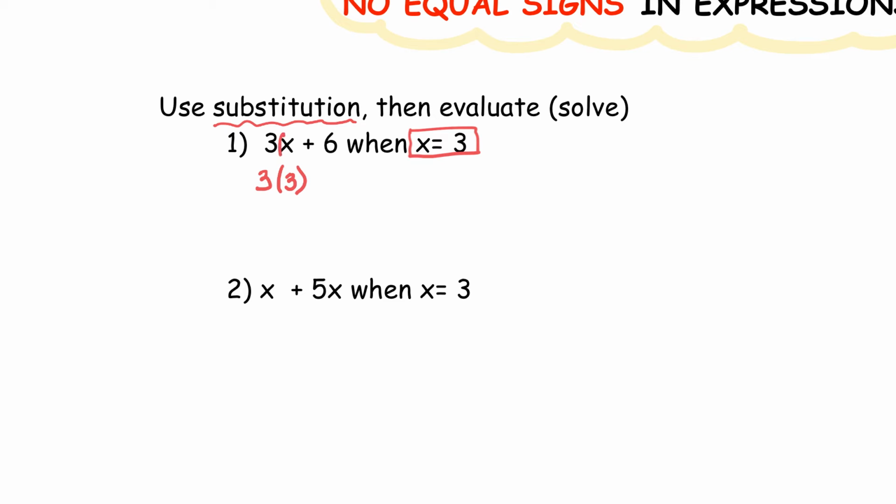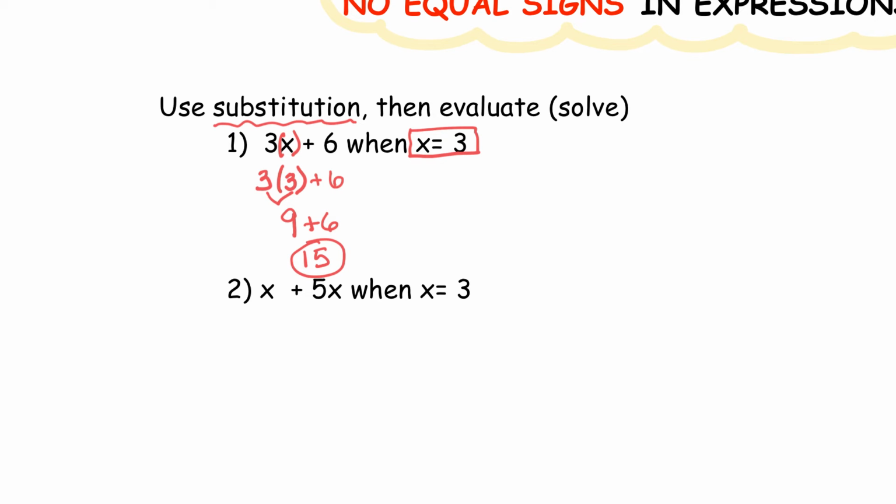Notice that I'm going to put parentheses around the x first, and then when I substitute the 3 for the x, I'm multiplying, and then I can finish with my 6 here. So what exactly does that mean? 3 times 3, which is 9, plus 6, and my final answer is 15.